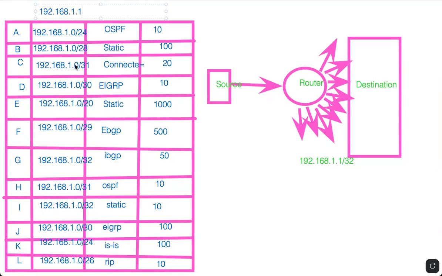This is all 192.168.1.1. So it's not 1.0, it's all 1.1. Okay, don't worry about 1.0. You got the question? Can someone acknowledge? Did you understand the question? Yes. Okay.